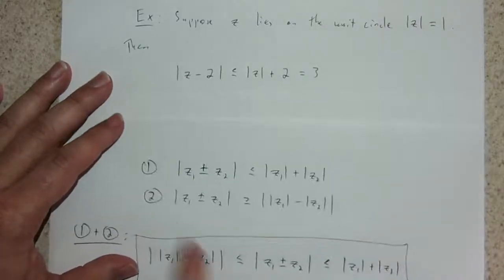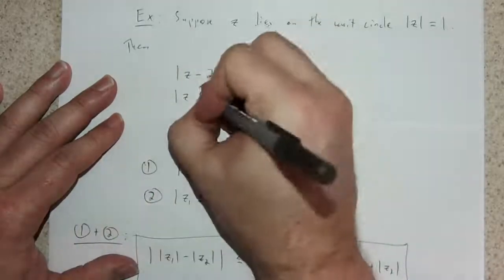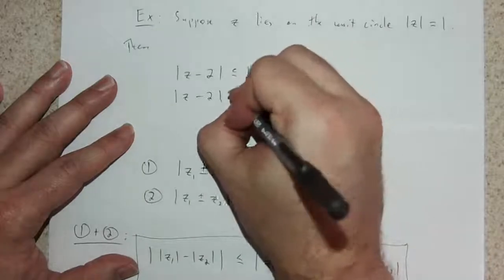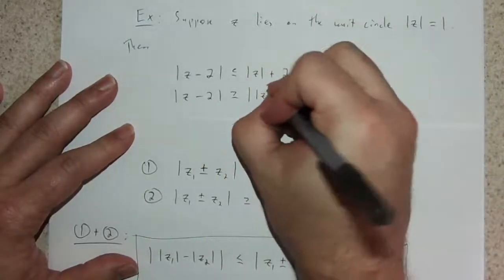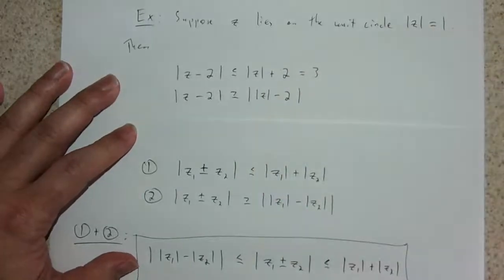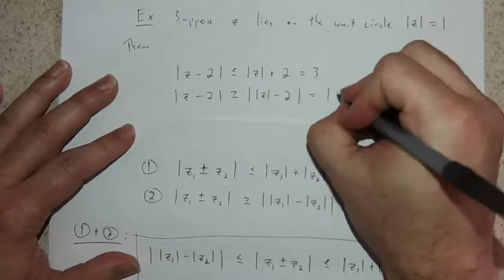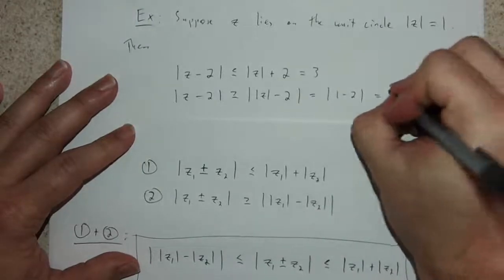And similarly, using 2, the modulus of z minus 2 is greater than or equal to the absolute value of the modulus of z minus 2, which is the absolute value of 1 minus 2, which is the absolute value of minus 1, which is 1.